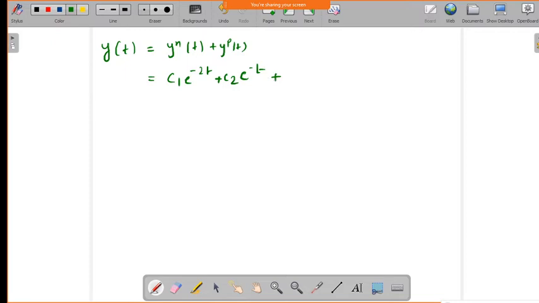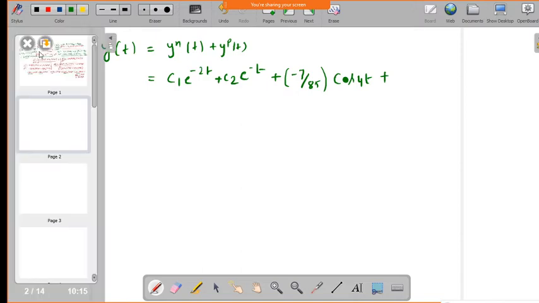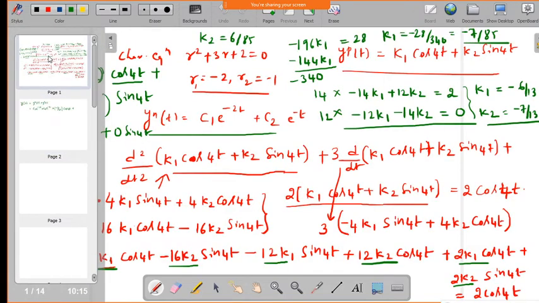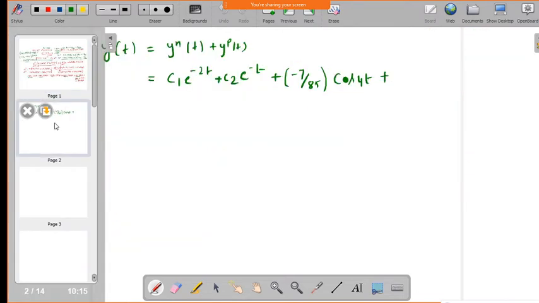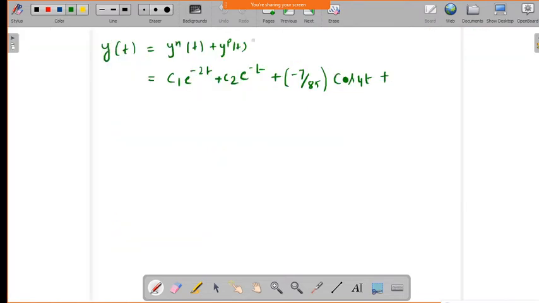What is k1? k1 is minus 7 by 85 into cos 4t, plus, what is k2? 6 by 85, right? Yeah, it is 6 by 85 sin 4t.